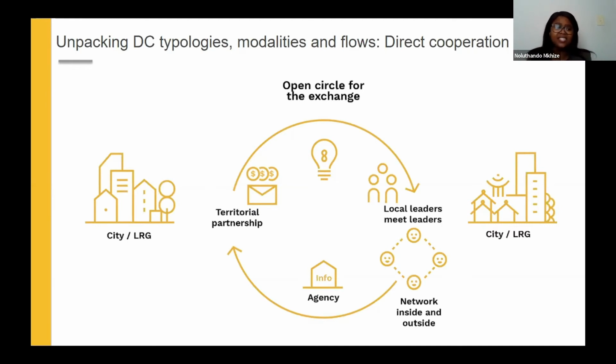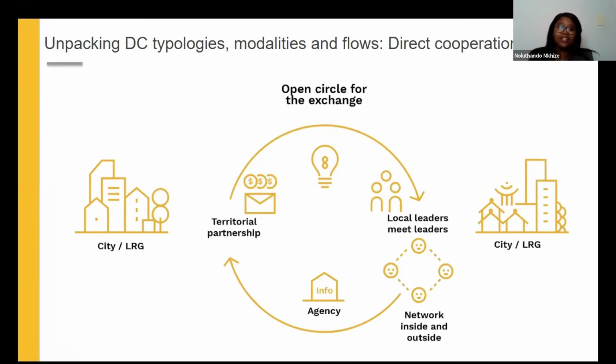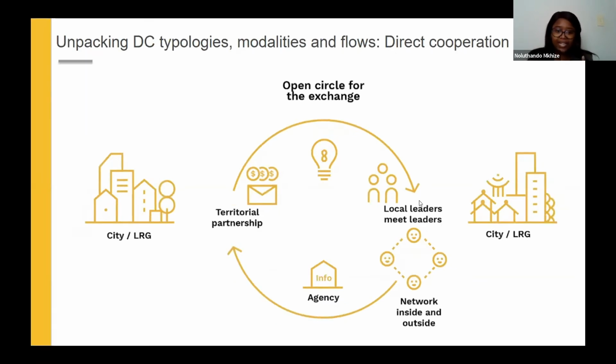And different modalities of direct cooperation can be identified, and the most commonly used by local and regional governments are vertical, territorial, local government agencies for international cooperation, as well as the network. So I'd like to focus on these four. I'd like to spend some time focusing on these.